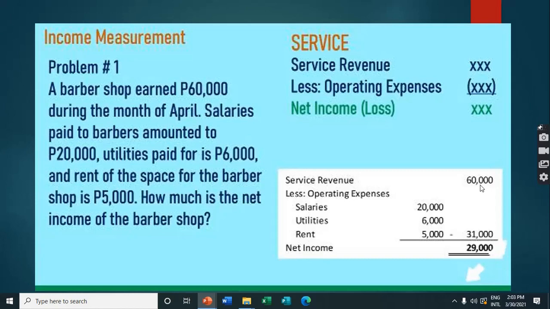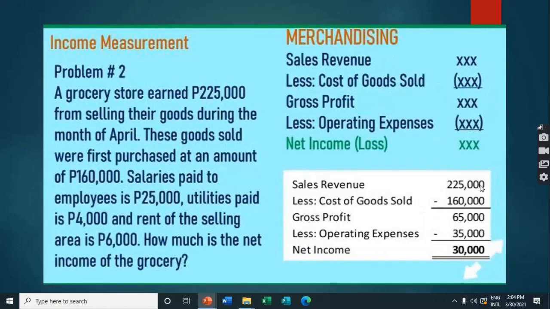So, that is for your service business. Kung paano i-compute yung income sa service business. Ayan. I hope naintindihan. Now, let's go to problem number 2.